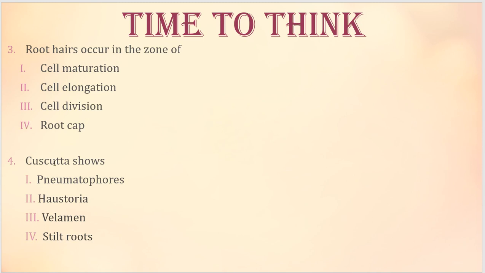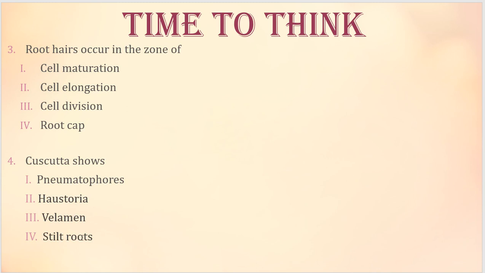And the fourth question, Cuscuta shows. Cuscuta is the parasitic plant. So the structure pneumatophore is the breathing roots. Haustoria is the answer for this question. Cuscuta shows haustoria or sucking roots. Velamen is the tissue which is found in the epiphytic roots.